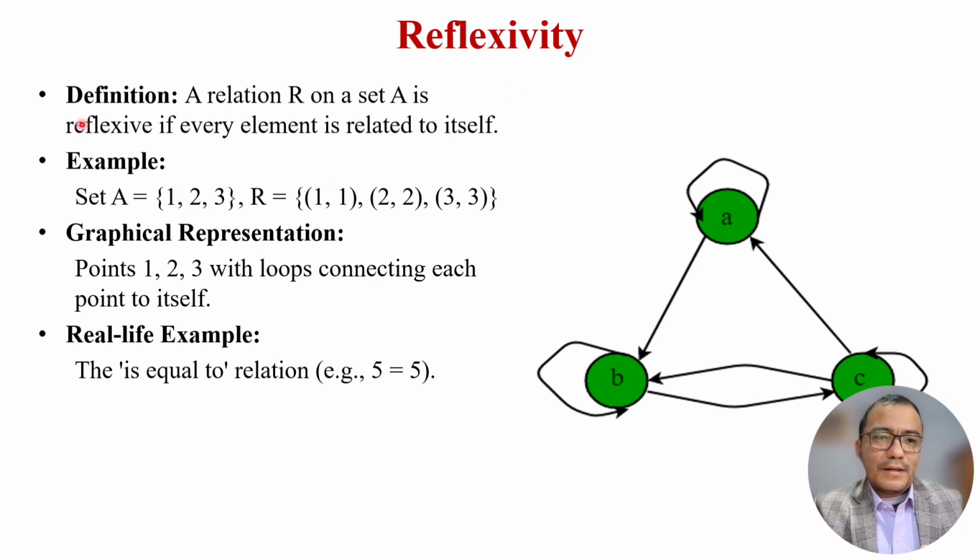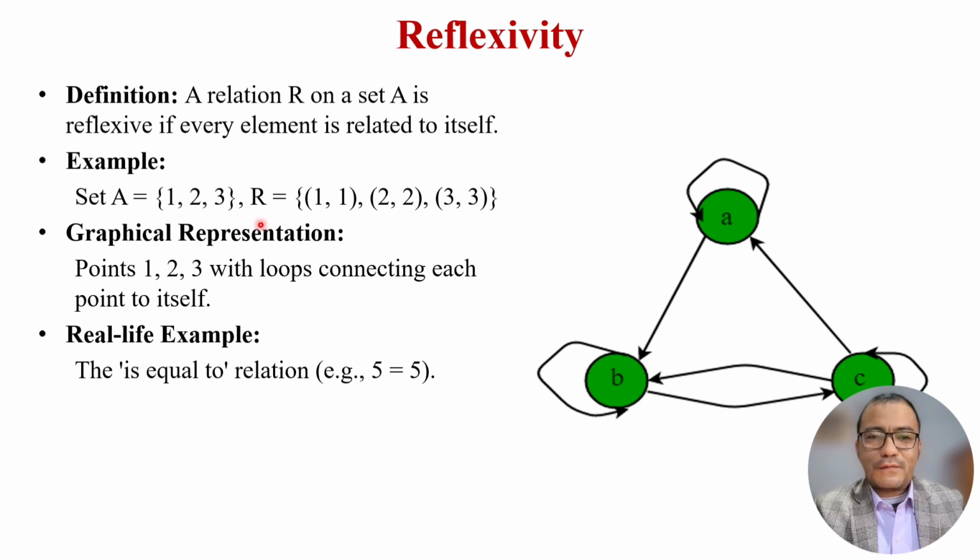Here is the definition: a relation R on a set A is reflexive if every element is related to itself. For example, suppose we have set A with the elements 1, 2, and 3.